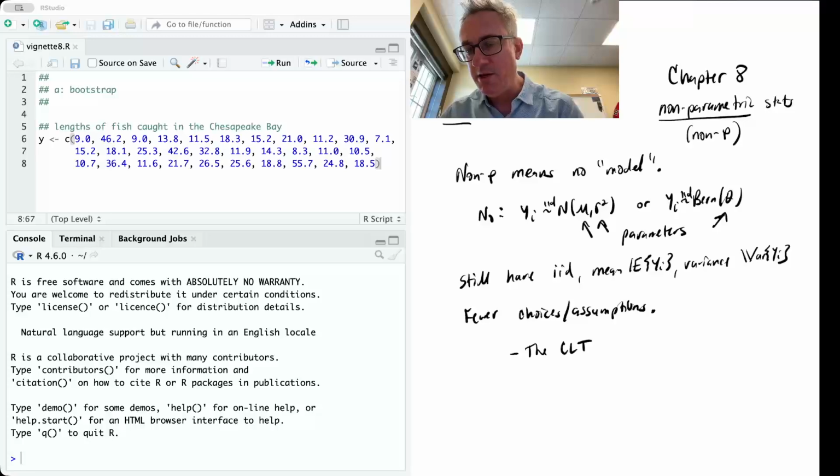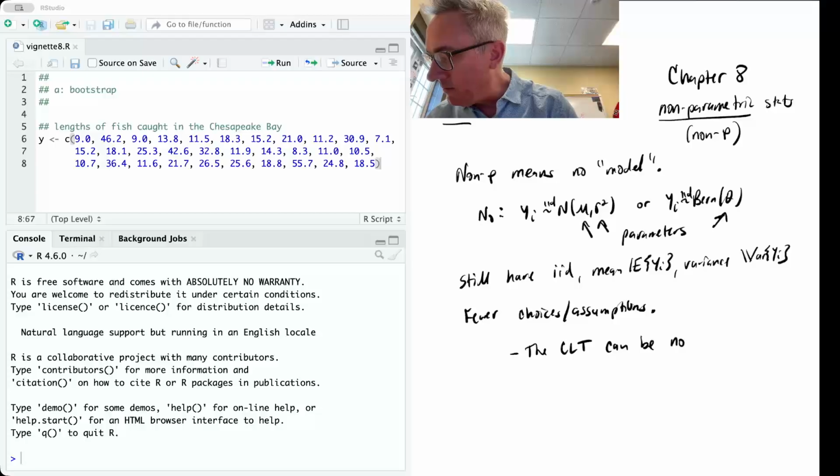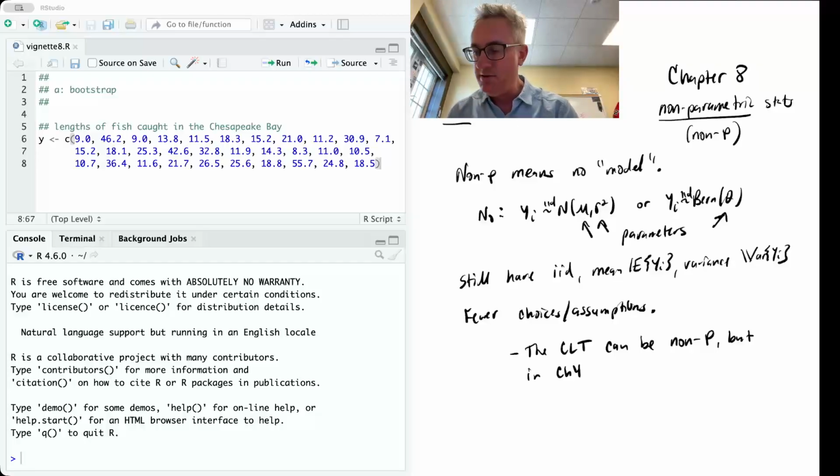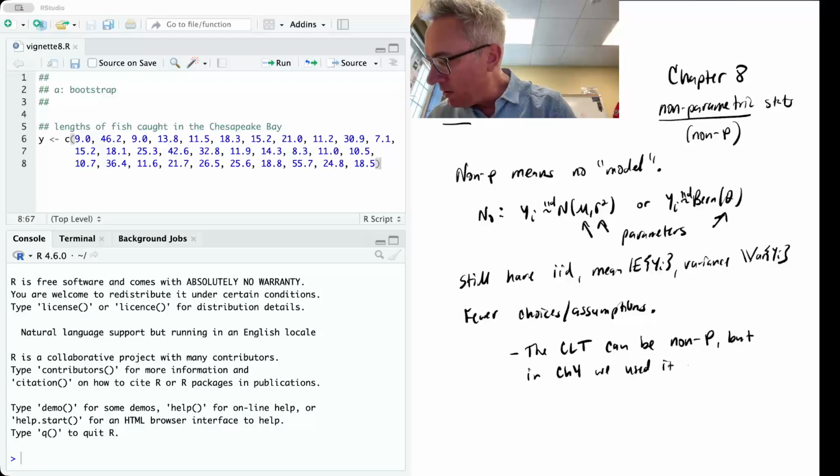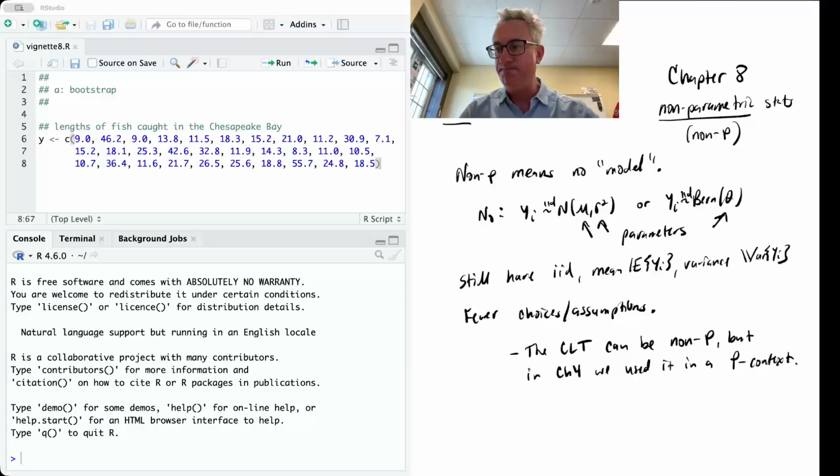You don't need to choose a model, although we always used it in a modeling context. So the CLT can be non-P, but in all of the examples in chapter 4 anyways, we used it in a parametric context. So P and non-P.